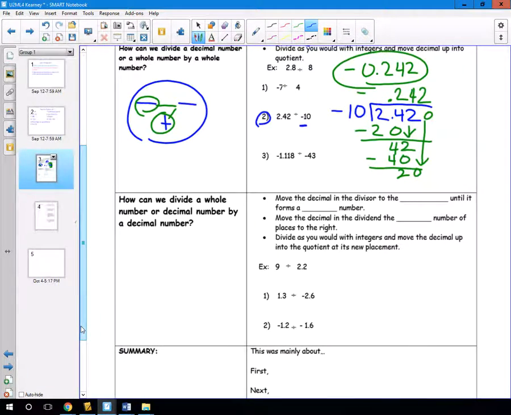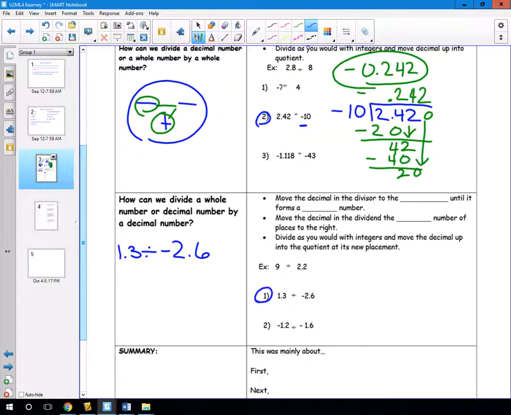So now, how can we divide a whole number or a decimal by a decimal number? So as we're going through the steps, we're going to work this out with number 1. Okay? So let's write number 1 off to the side. 1.3 divided by negative 2.6.